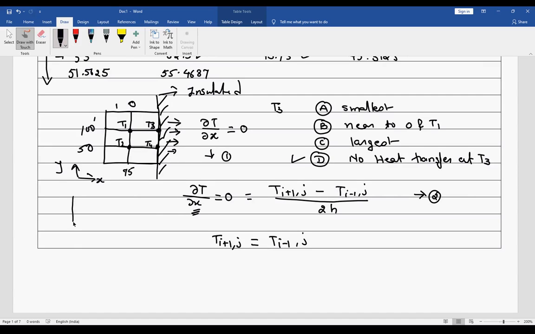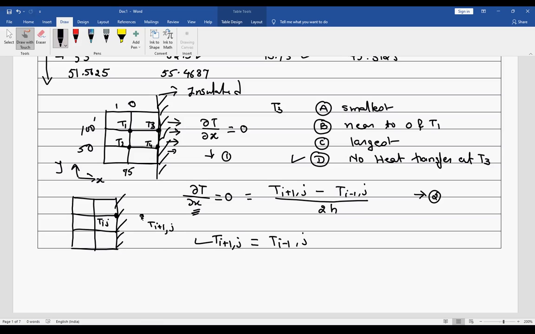So if I draw a grid again, at this location this condition is valid. If I call this location Tij, so this value will be Ti plus 1j.